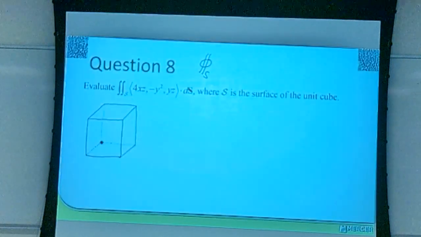So we're going to call the facings very simple: top, bottom, left, right, front, back. Start with the front facing.